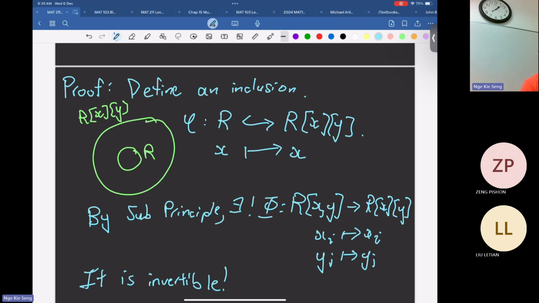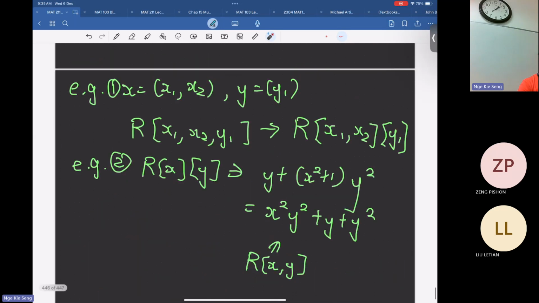You need to go back. How to go back? Yeah, it is itself. So you just send xi back to xi, yj back to yj again. It's the same. Okay, so there's nothing special here. It is exactly what this example tells you.